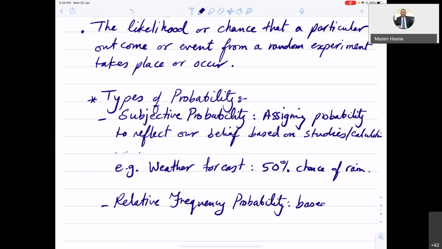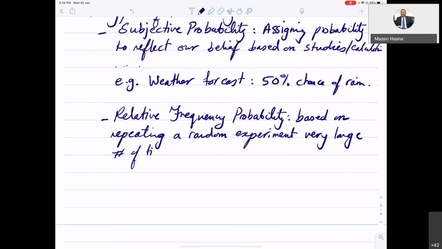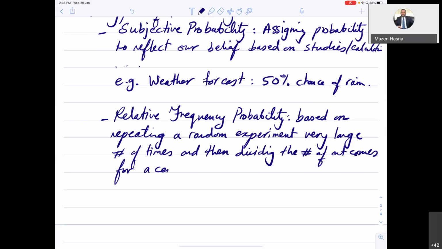It is based on repeating a random experiment a very large number of times, and then dividing the number of outcomes for a certain event by the total number of experiments, by the total number of repetitions.